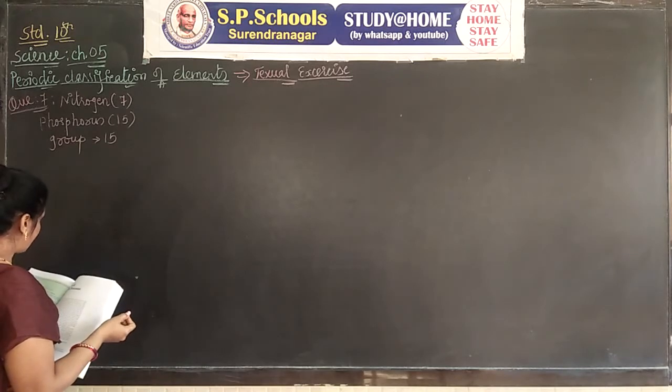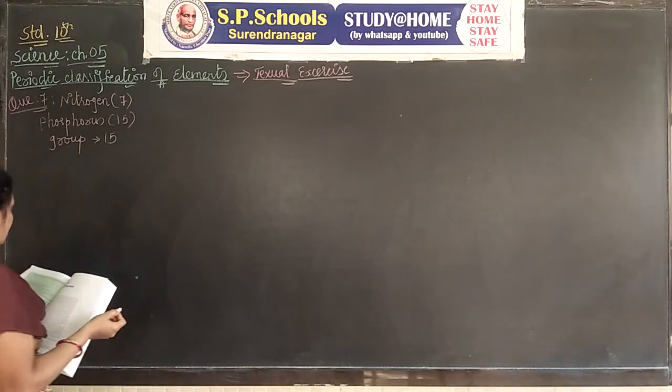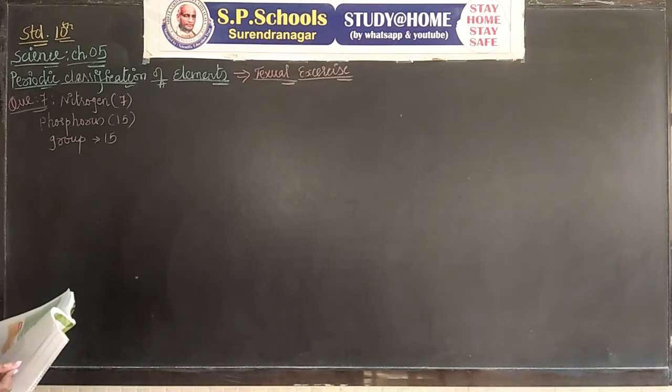Write the electronic configuration of these two elements. And the question will continue: which of these will be more electronegative and give the reason? Why?